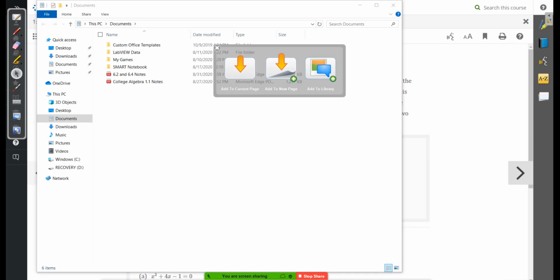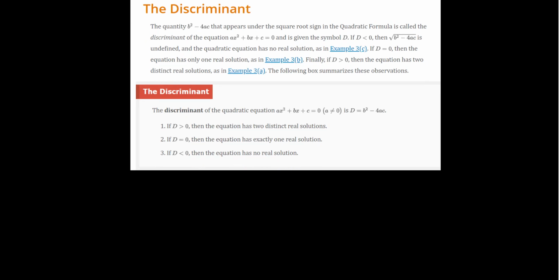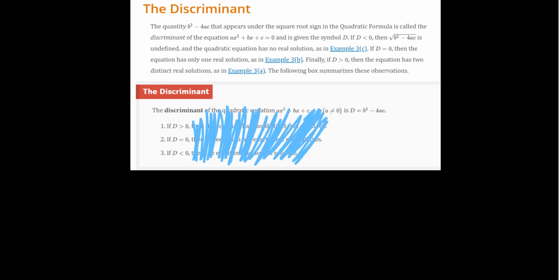Okay, we'll uncover that here in a moment, but I just want to show that we can derive these definitions on our own. Reading up here, it says the discriminant: the quantity b squared minus 4ac that appears under the square root sign of the quadratic formula is called the discriminant.